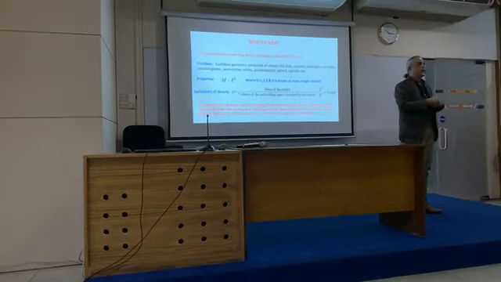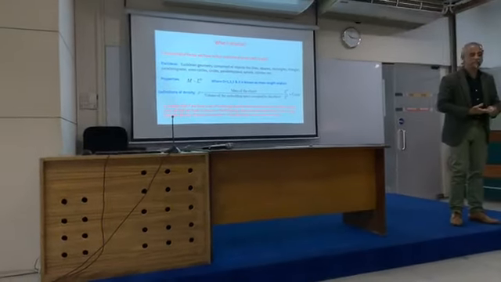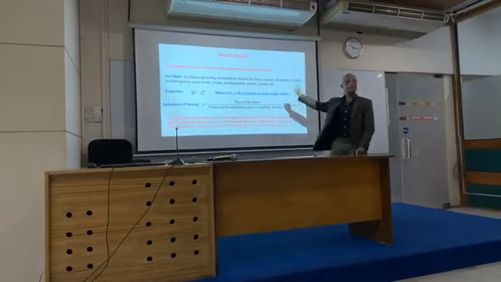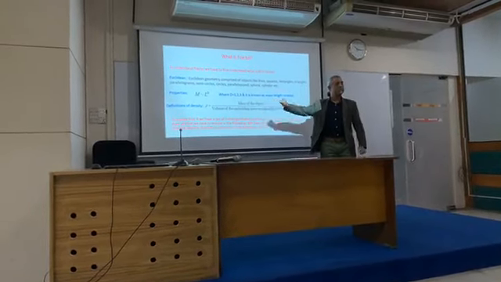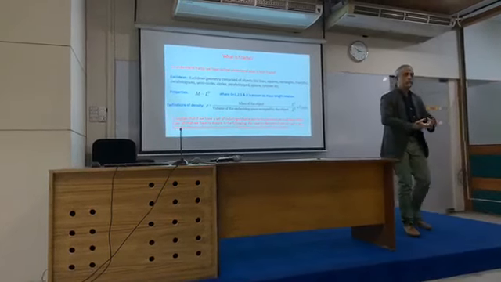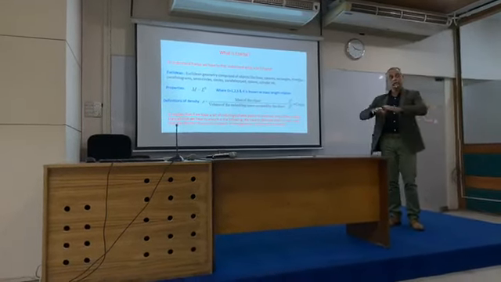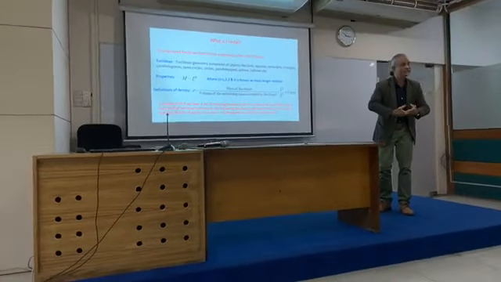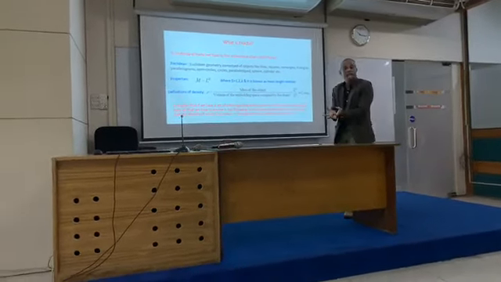Now, another quantity of interest is the density. What is density? Density is the ratio of the mass of the object and the volume, not of the object, but of the space where the object is being embedded.